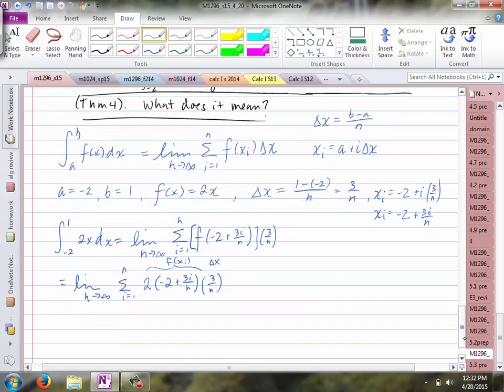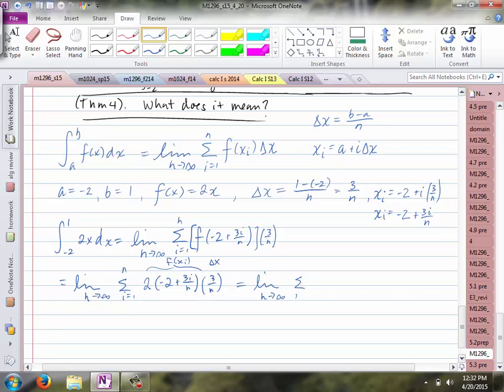So, questions so far? The way I do this is I'm going to try to break this up into separate terms. If I use the distributive property here, I'm going to have 2 terms. And then I can have 2 sums, and then deal with each of those separately. So that's my goal here.